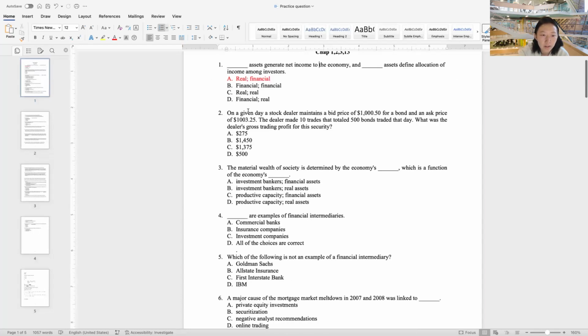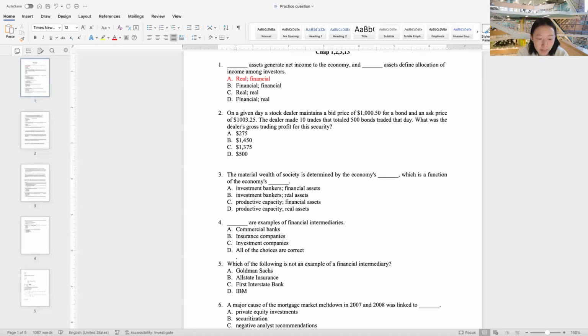Moving down, on a given day, a dealer maintains a bid price of $1,000 for a bond and an ask price of $1,003.25. The dealer made 10 trades that total 500 bonds traded that day. What was the dealer's gross trading profit for this security? All right, so let's calculate that.